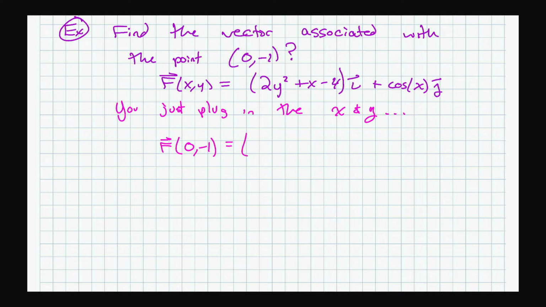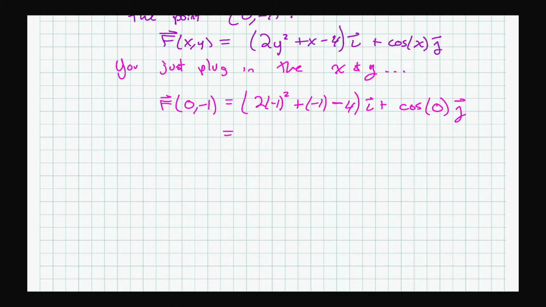And you put it in all the x's and y's in the function. So 2 times (-1) squared plus -1 minus 4, i plus cosine 0 j. So you just work this out. You get whatever you get. We have 2 minus 1 minus 4, it looks like, i plus cosine 0, which is 1, j.